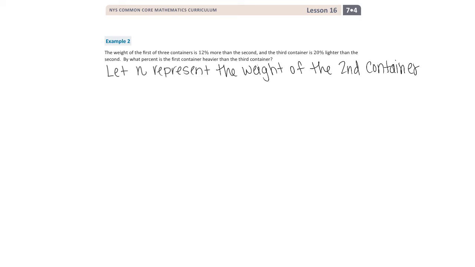Okay, so we know that the first container is 100% plus 12% N. And so now we have 1.12 N to represent the first container.